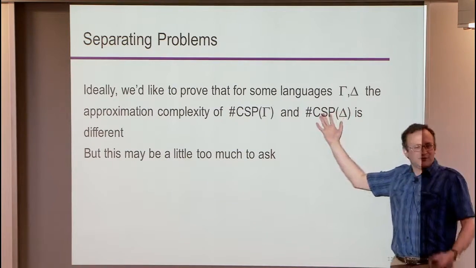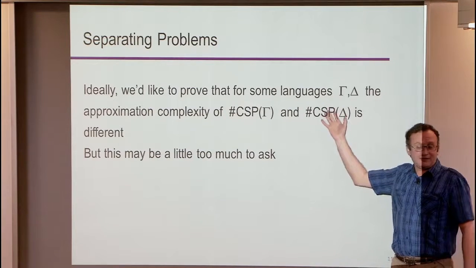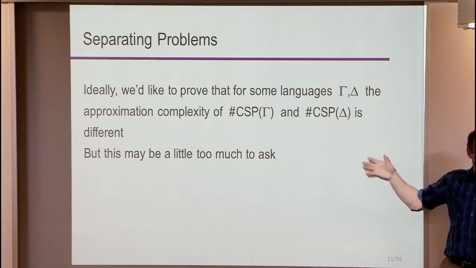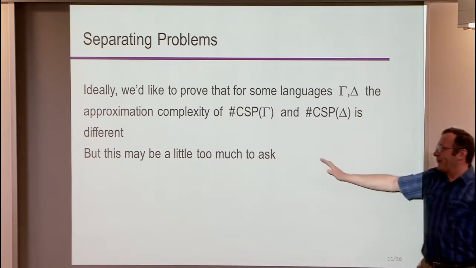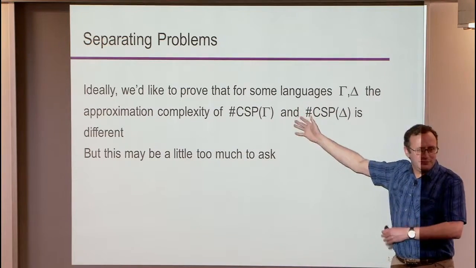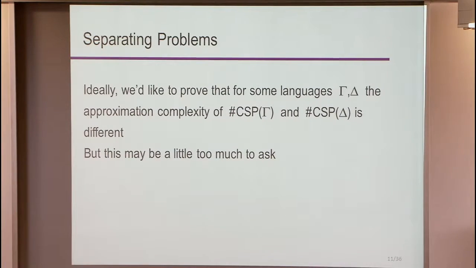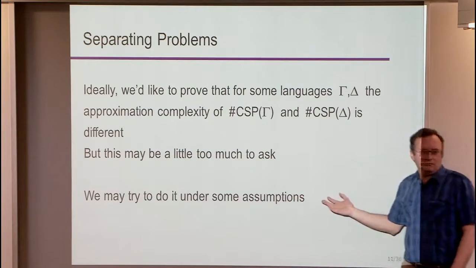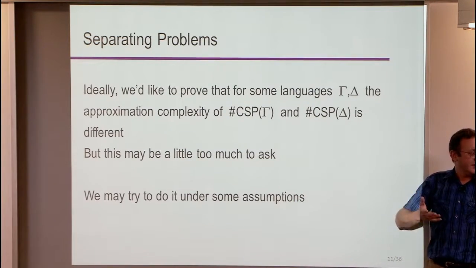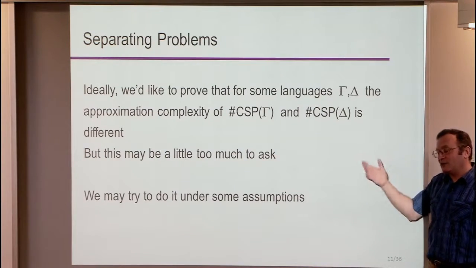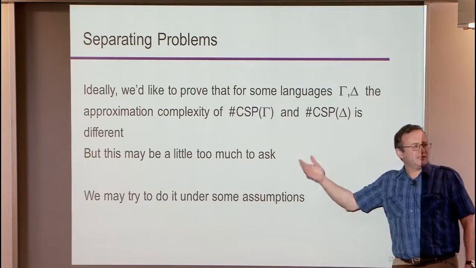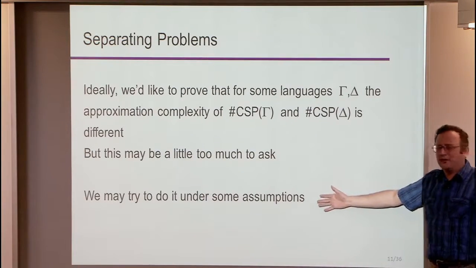So if you want to solve that problem on the previous slide in this sense, well, as a warm-up, you probably can prove that P doesn't equal NP. Then turn to serious business like this. Okay, well, we may try to relax it a little bit. We may try to prove it under some assumption. And indeed, #BIS-hard and #SAT-hard, counting SAT-hard, can be separated under assumptions that say NP doesn't equal RP or something like this.